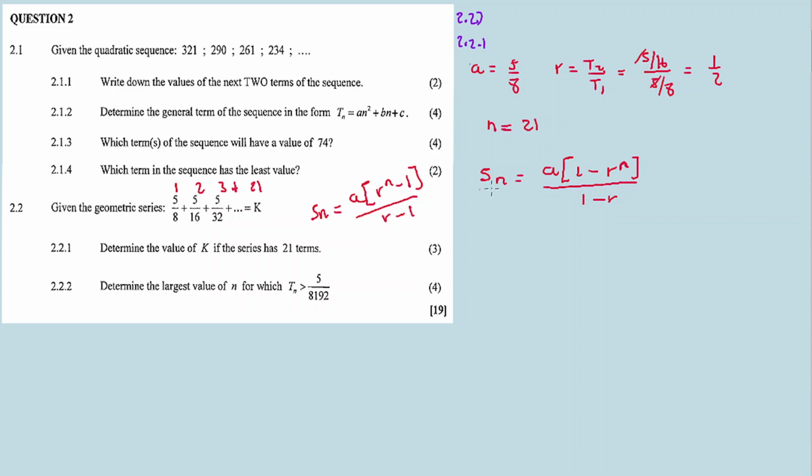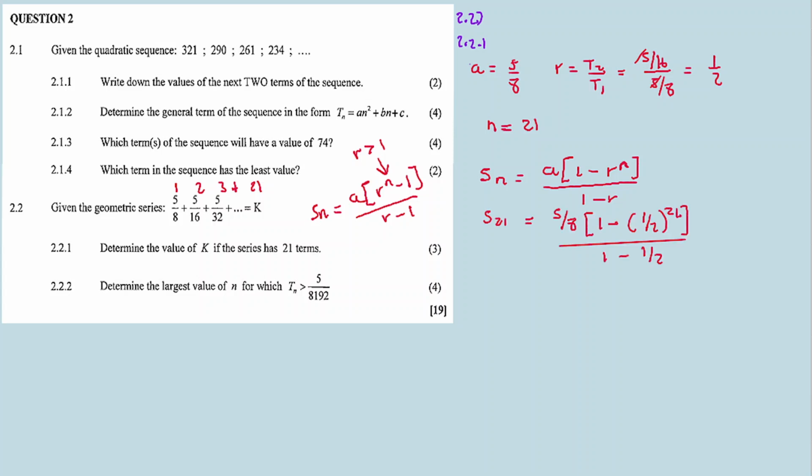It's the same thing. The only difference is that if r is greater than 1 you use this one. If r is less than 1, then you use this formula. Since our r is less than 1, we're going to apply this formula to the question.